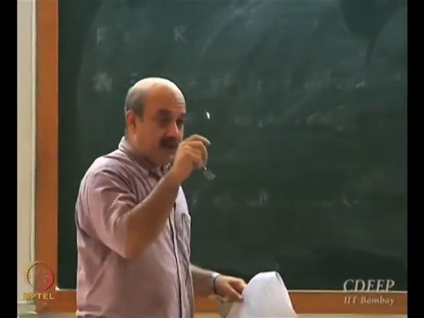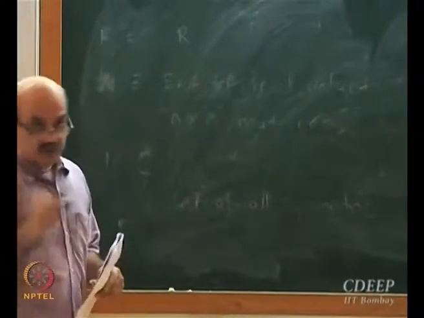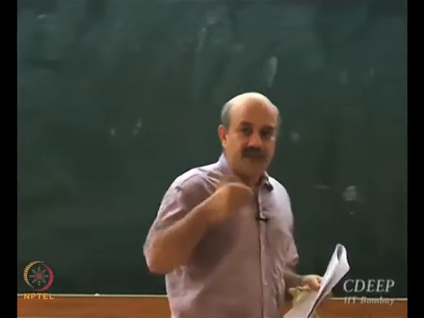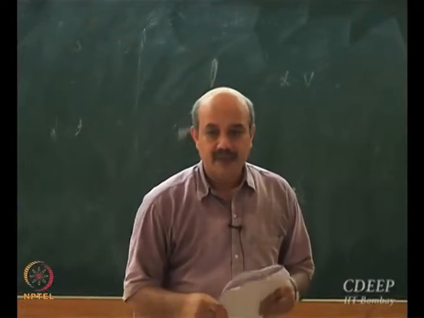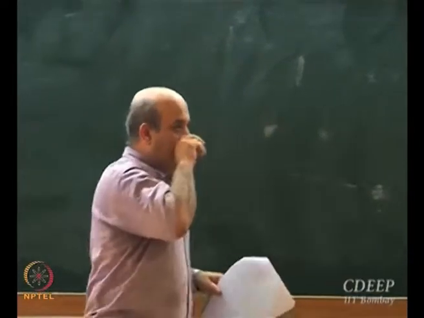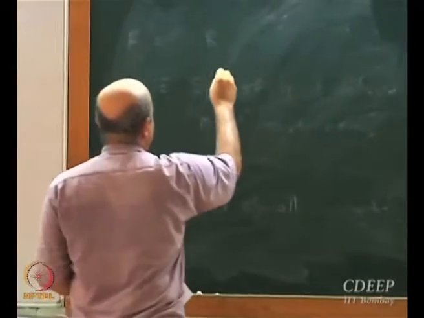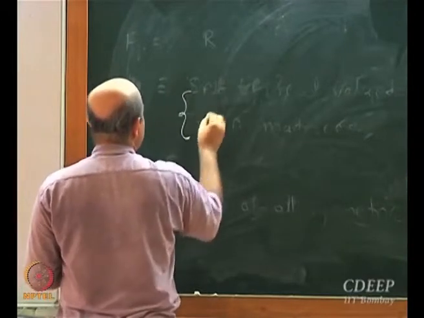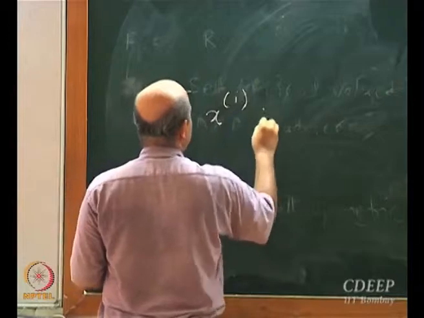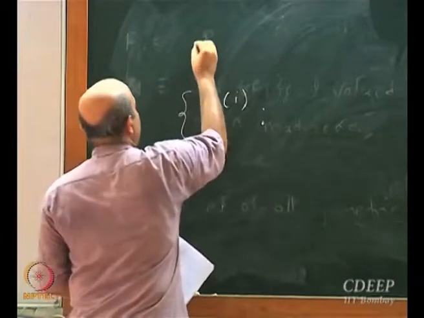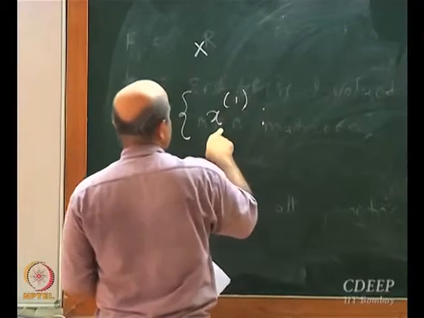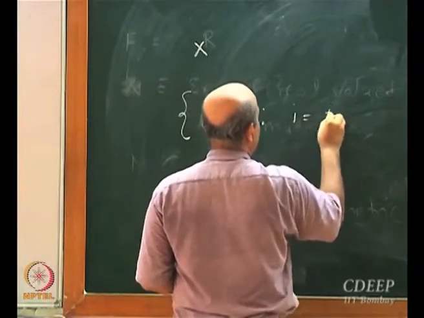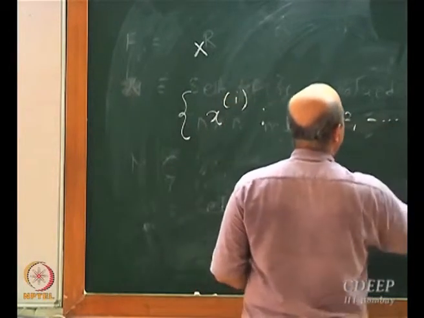Now I have to introduce one important notation here, because we are going to work with a set of vectors, and each vector might be an n-tuple. So I have to introduce a new notation. Now I'm going to consider a set x^(i), where I have some space X here, and these x^(i) are vectors that belong to this set X, where i goes from 1 to n.